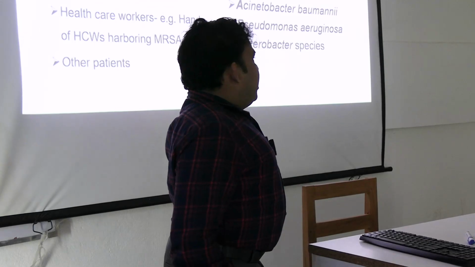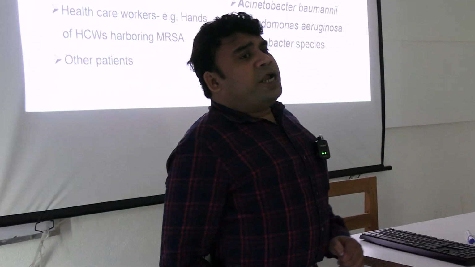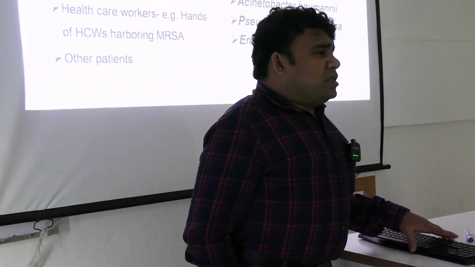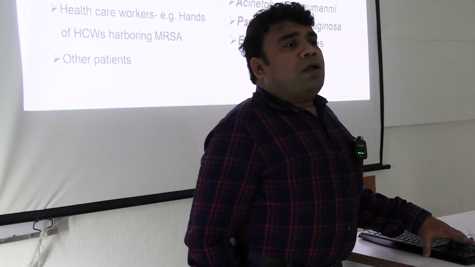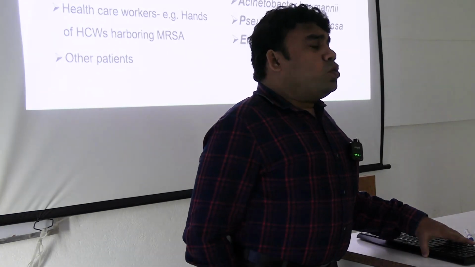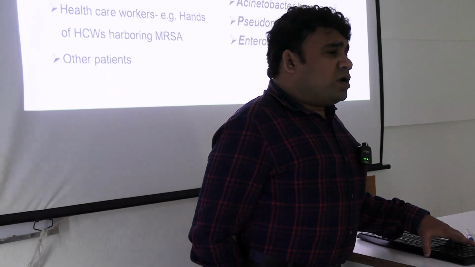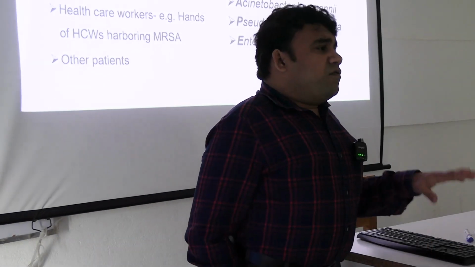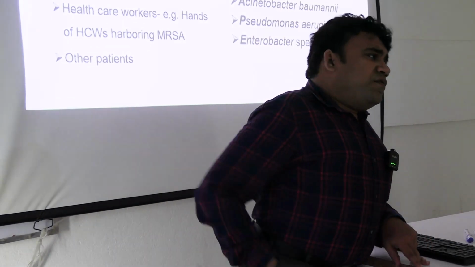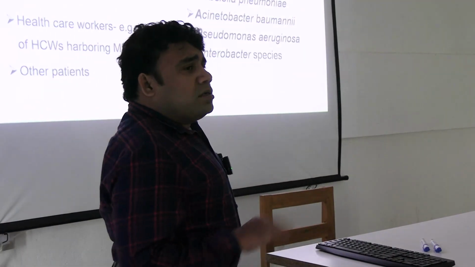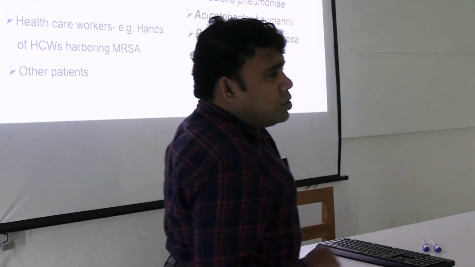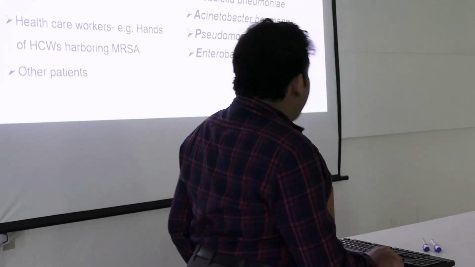Then Klebsiella, Acinetobacter, Pseudomonas, and Enterobacter species. These four gram-negative organisms are very potent and they can be resistant to the carbapenem group of drugs also, leading to great difficulty in treating the patient. So these resistant organisms are clustered together and called the ESCAPE pathogens.